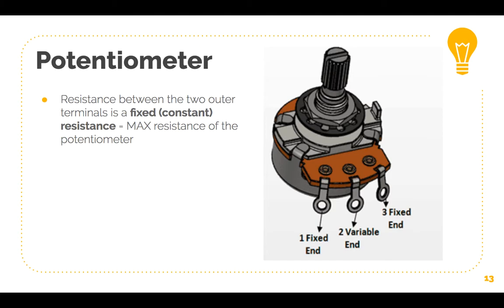That equals the max resistance of the potentiometer. So if this is a 10,000 ohm potentiometer and you hook up both outer terminals within your circuit, it'll act as a 10,000 ohm potentiometer. Even if you turn the knob, the resistance won't change.